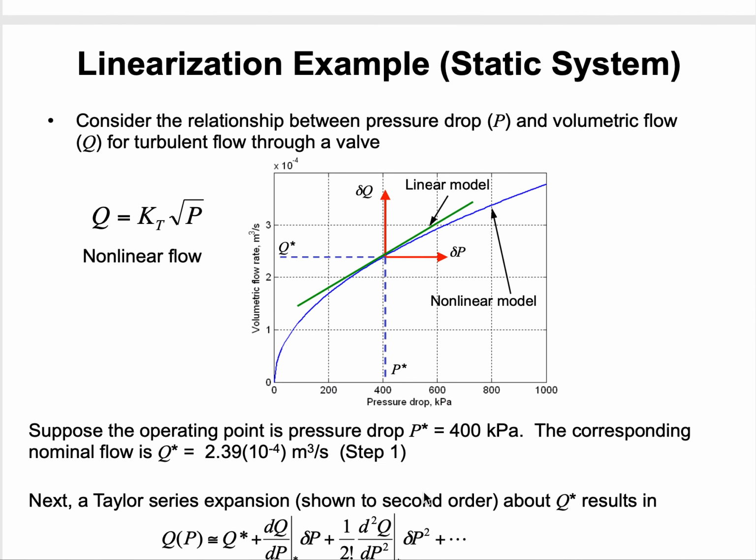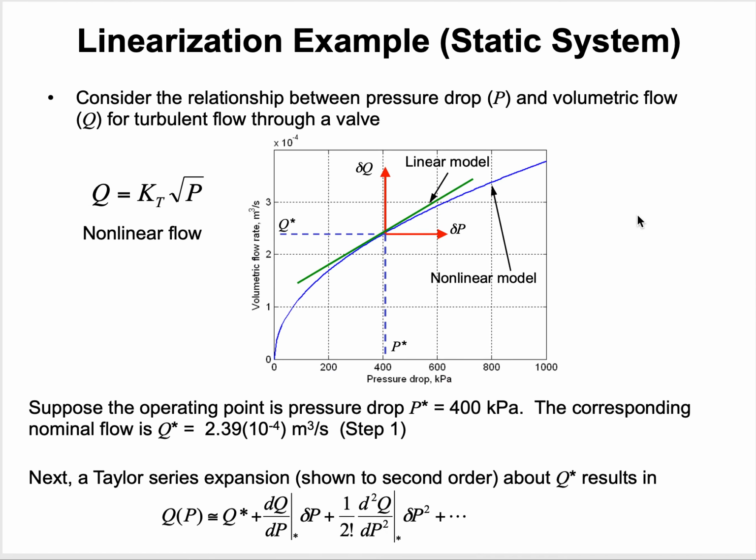Okay, the first example is a static system, not a dynamic system. Remember, a static system is represented by an algebraic equation, not a differential equation. For example, the flow versus pressure drop through a valve. That was the equation, remember, for a turbulent flow. For laminar flow, it was linear. Q is equal to kT times pressure, remember. But most of the flow conditions in valves are turbulent.